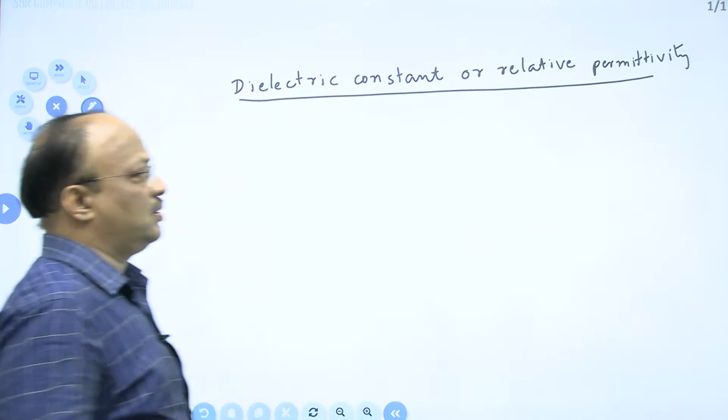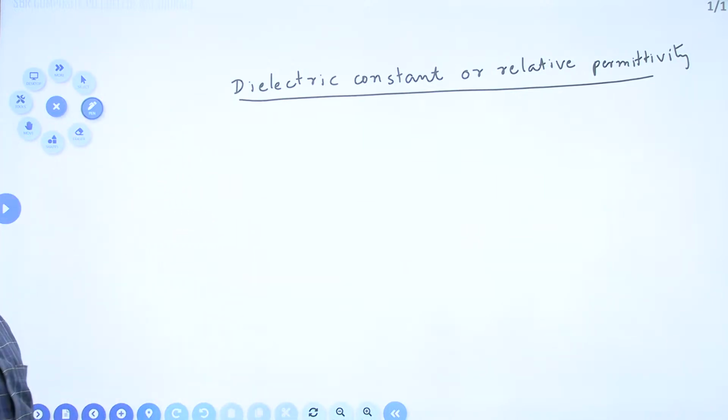Dielectric constant or relative permittivity. What does it mean by this? Dielectric constant of a medium, or relative permittivity of a medium.